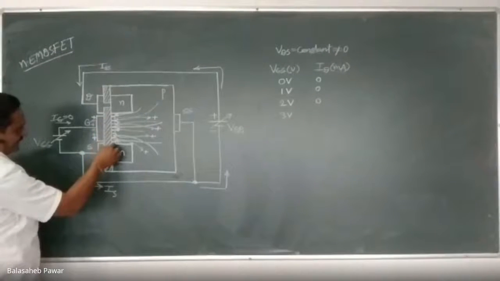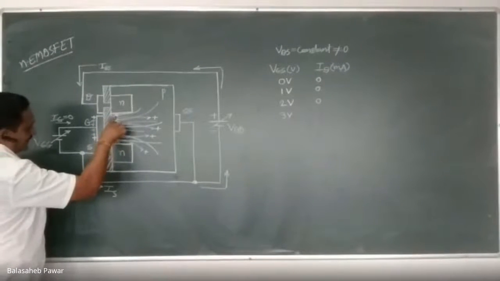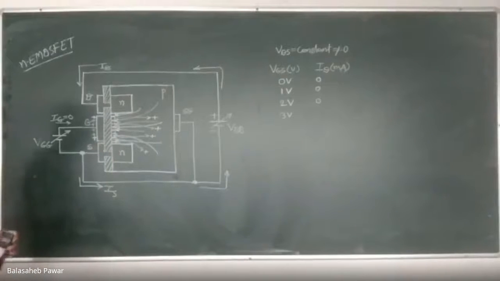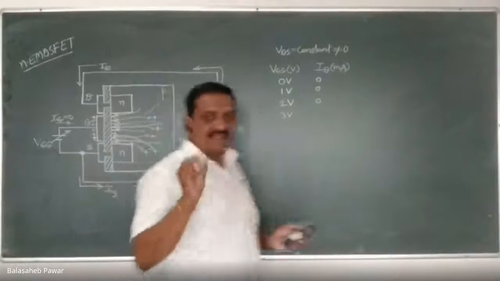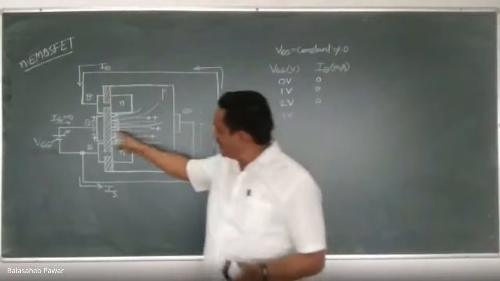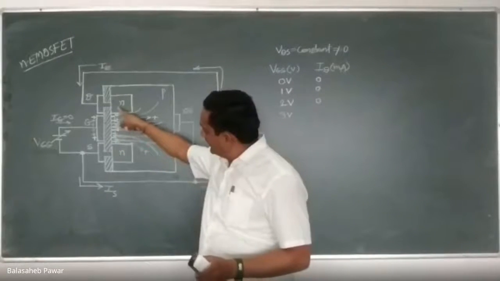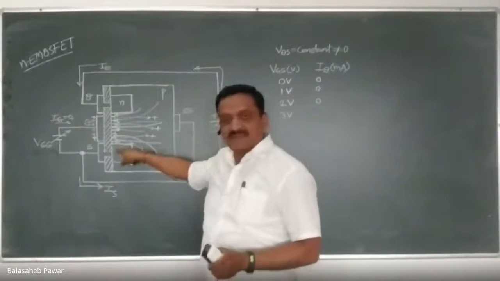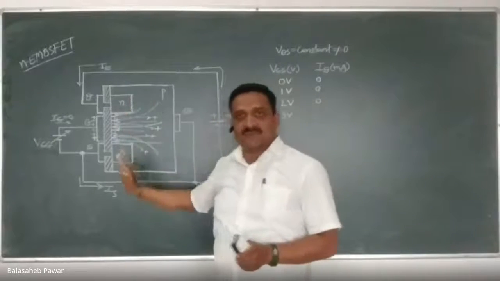Am I right? And within that region, now there is no positive charge carrier. So here we can say a thin channel will get formed due to the accumulated negative charge carriers between drain and source, or at the edge of that SiO2 between drain and source.